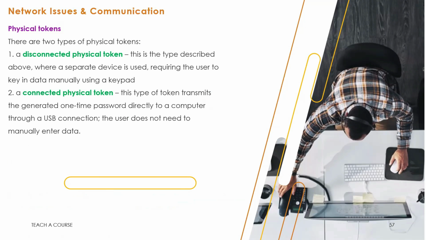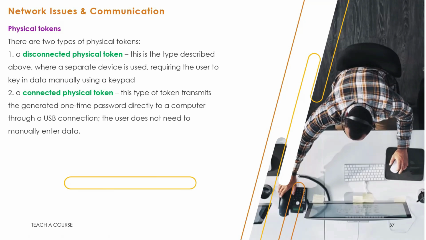So physical tokens, there are two types of physical tokens. We have a disconnected physical token. This is a type described above, where a separate device is used, requiring the user to key in data manually using a keypad. Okay? So a disconnected physical token is where you have a separate device used to generate the OTP.